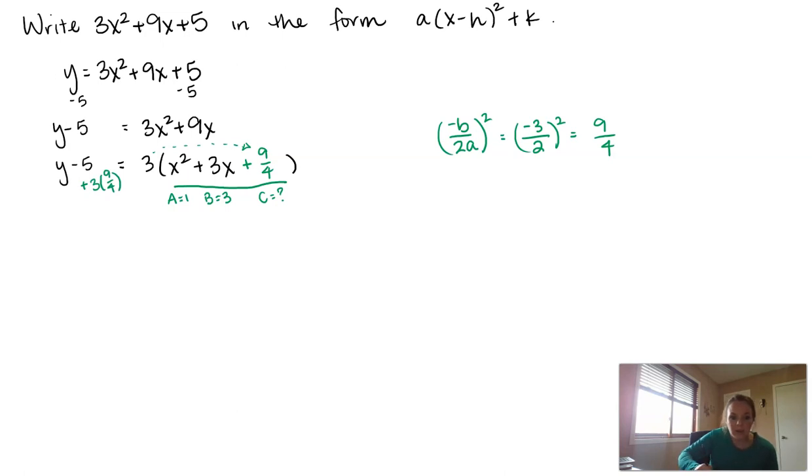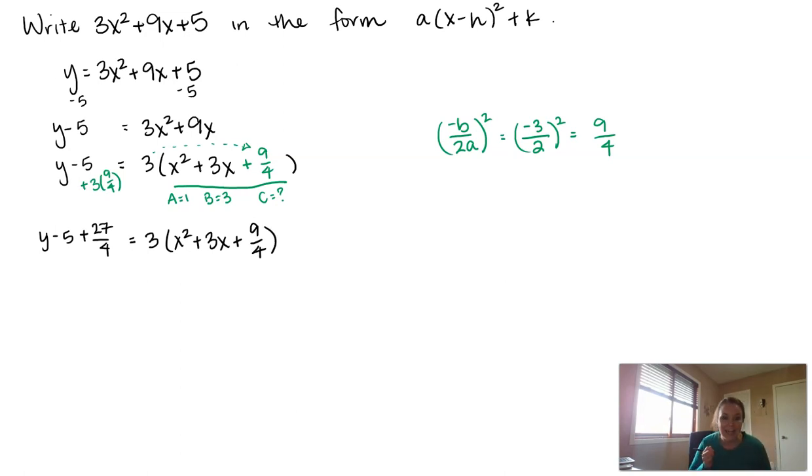And let me write this out now. We've got y minus 5 plus 3 times 9 over 4, or that would reduce down. What would that reduce down to? Well, 9 times 3 is 27 over 4. And then on the right-hand side, we've got 3 times x squared plus 3x plus 9/4.